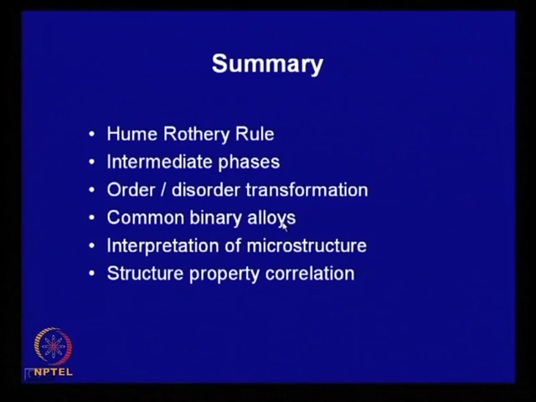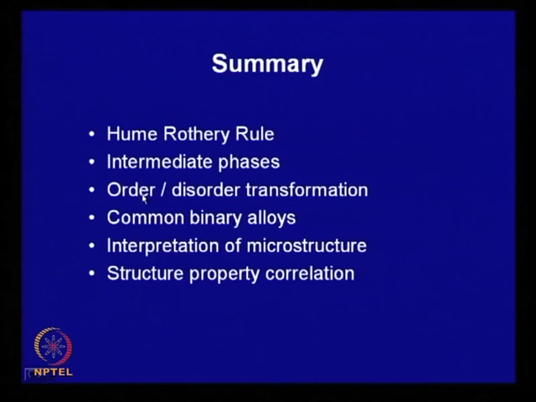So, whatever we have seen today is that we looked at some common binary alloys, and we also looked at the rules that govern the solid solubility limit. We talked about the Hume-Rothery rule. We saw that in many phase diagrams a number of intermediate phases form, and we looked at their structures.